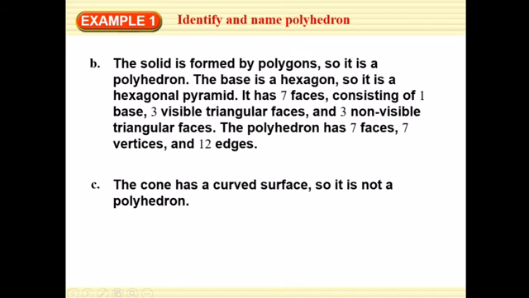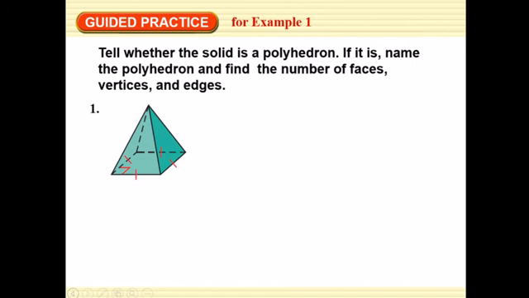That's why they draw it with a dashed line. And C is a cone. It has a curved surface, so it is not a polyhedron. Alright, so why don't you go ahead, pause the video, and try out the guided practice, and then some solutions will pop up.